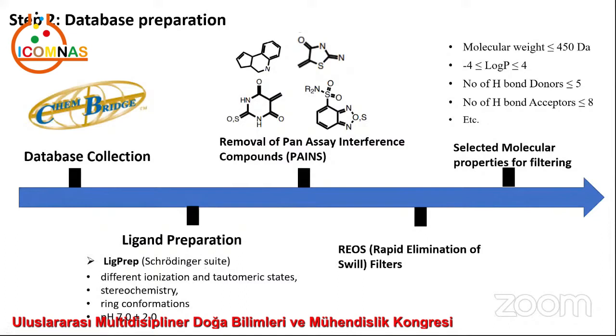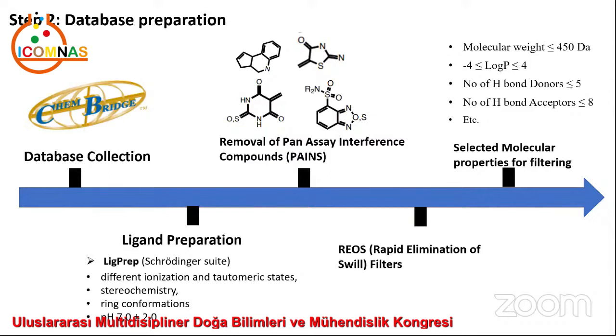And what we have done is we prepared our ligands at pH 7 plus and minus 2, and we generated different ionization and tautomeric states of these ligands. We also considered the stereochemistry of these compounds and generated different ring conformations.